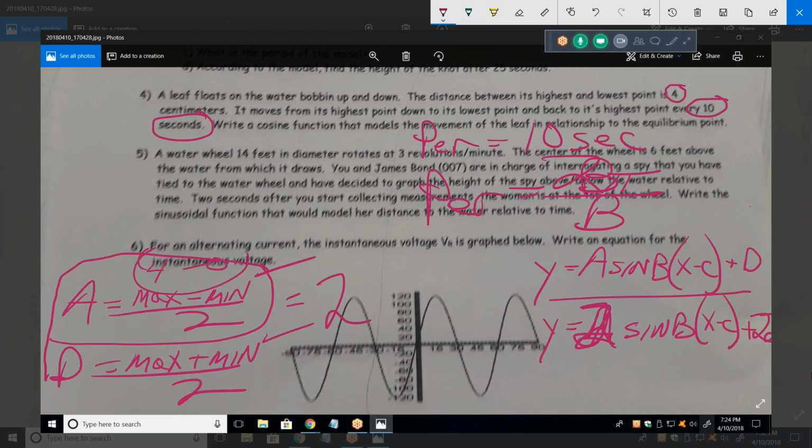So if the period is 10, and that's equal to 2 pi over b, then b is equal to 2 pi over 10, which is pi over 5. So now I have b. So now I got 2 sine of pi over 5 times x minus c plus 2.